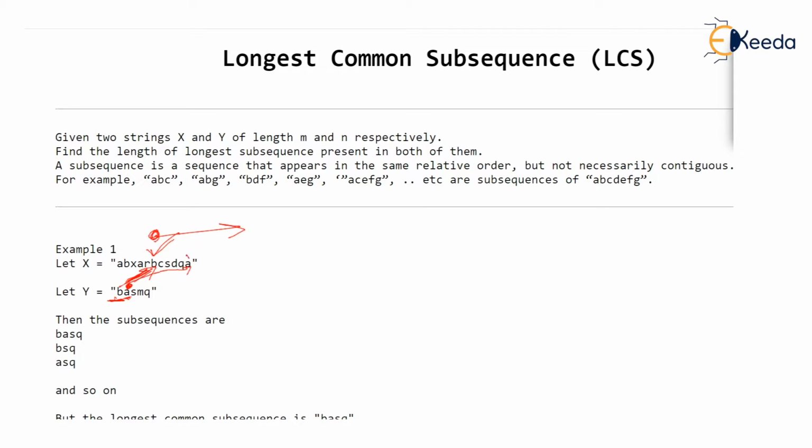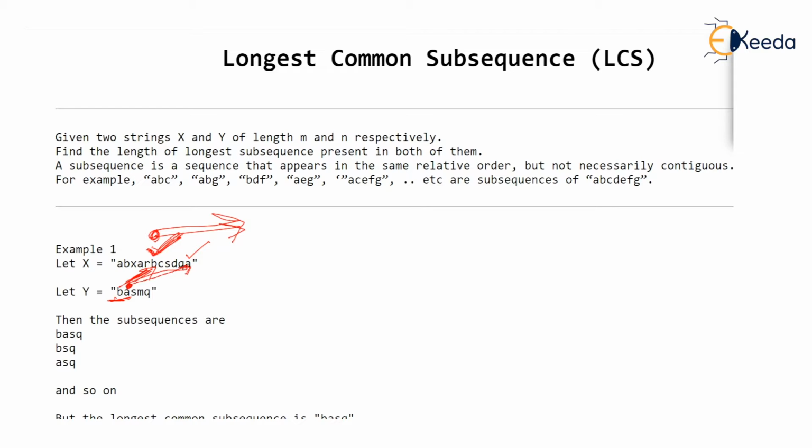We can't go back once we have matched B with the seventh letter, I think, or sixth letter. We can't go back for matching this A here because we have to follow the same direction in both the strings. I hope you are understanding. So the second letter A was matched with this last A.